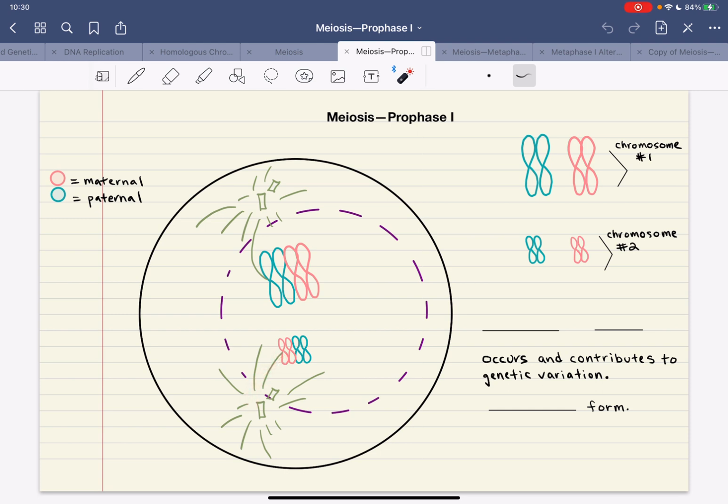But what is different is that during prophase 1, the chromosomes within a homologous pair become physically attached to one another. Now I can't draw this because I don't think anyone could in 3D, okay? But they're actually in reality superimposed on one another. So one's on top, one's on bottom. It's like 2 pieces of paper laid on top of one another.